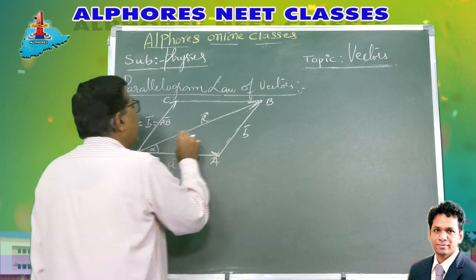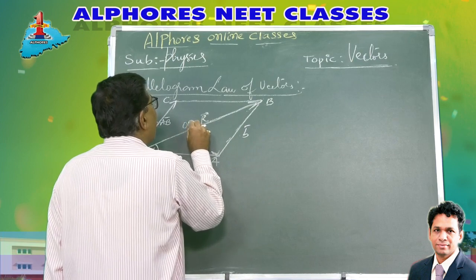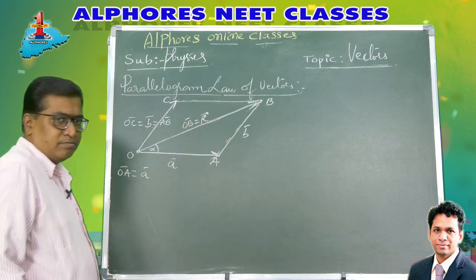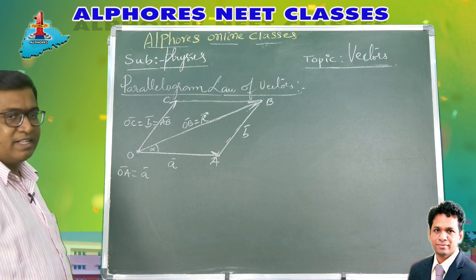Now the diagonal OB bar represents R bar. So the resultant is OB, that is R bar.